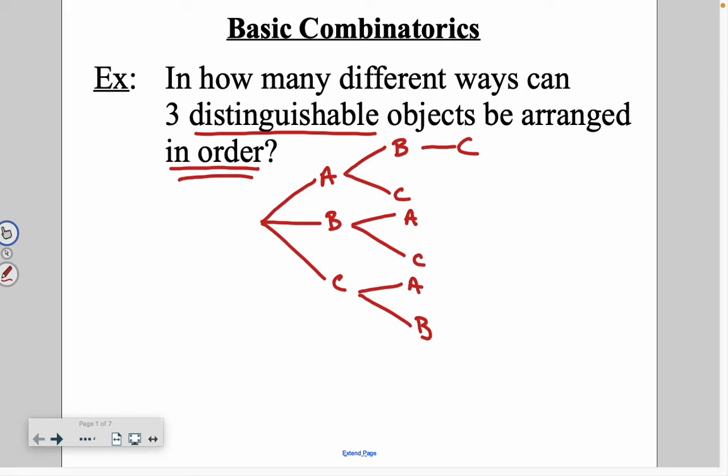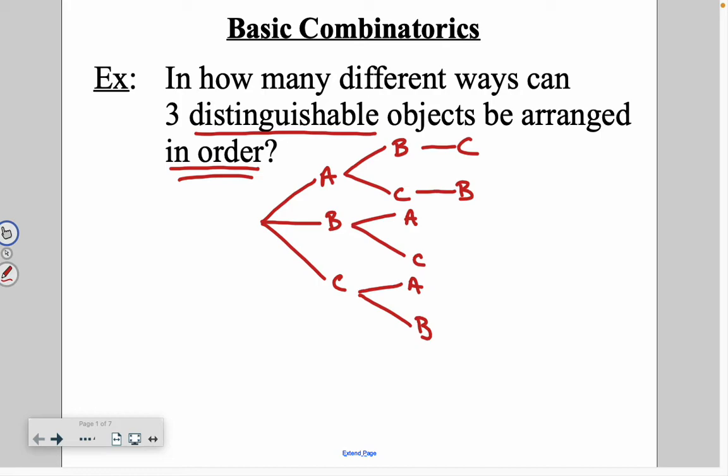You could have object A, then object C, then object B. Now notice, and here's why I underlined order: ABC and ACB, even though it's the same stuff, are in different orders, so they're two different permutations, is what that's called. Okay? There's two different ways to arrange it.